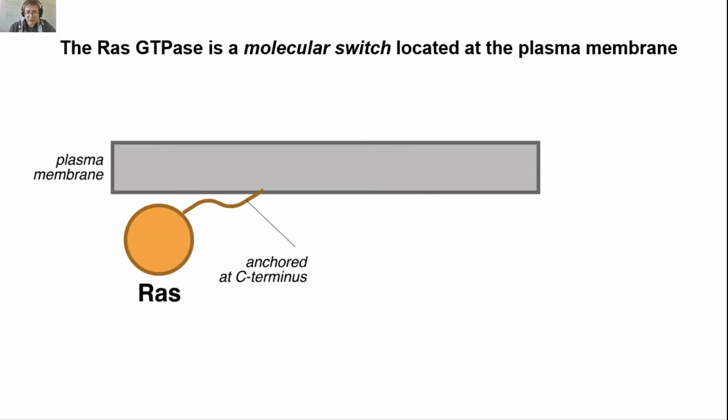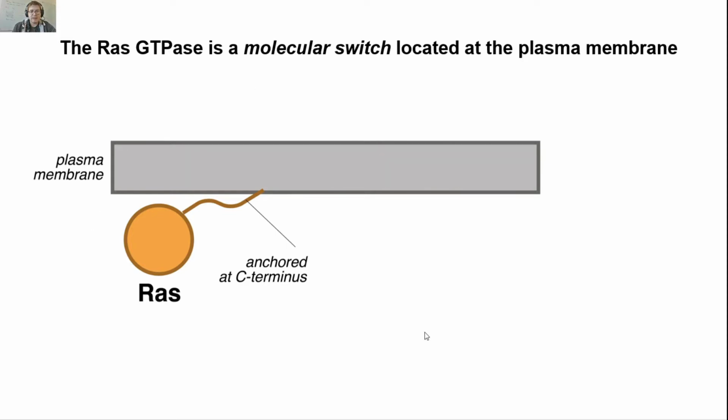But there are a number of features about Ras as an enzyme that are going to enable it to function as a molecular switch. And one of those is that this Ras protein is located at a specific location in the cell, and that is the plasma membrane, sort of the cell periphery, where external environments are starting to encounter the cell.